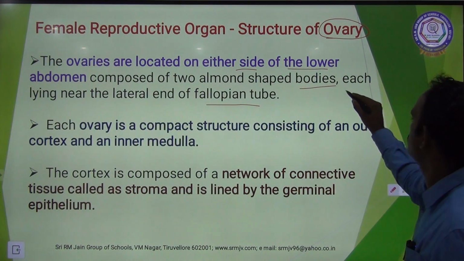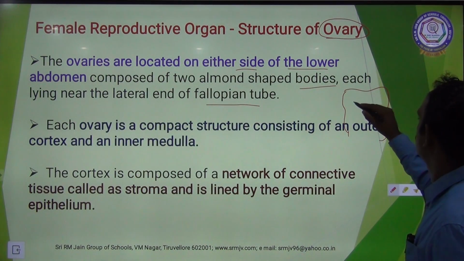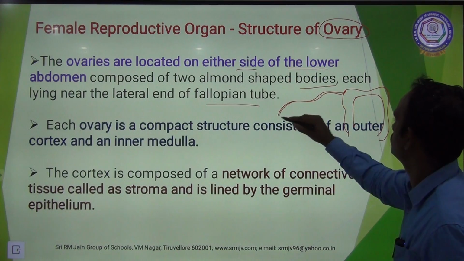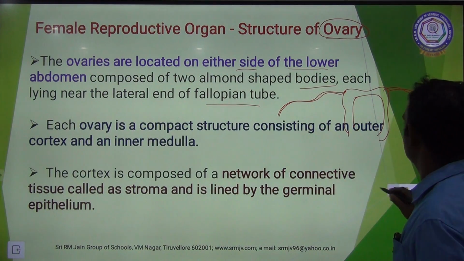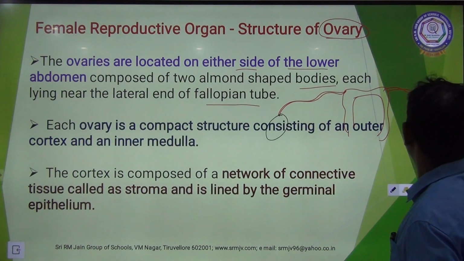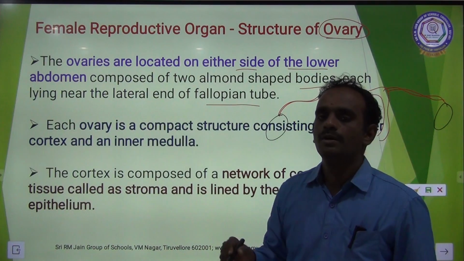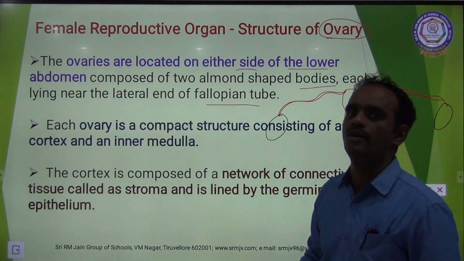See here. See that this is the ovary. A pair of ovaries are located on either side of the lower abdomen.